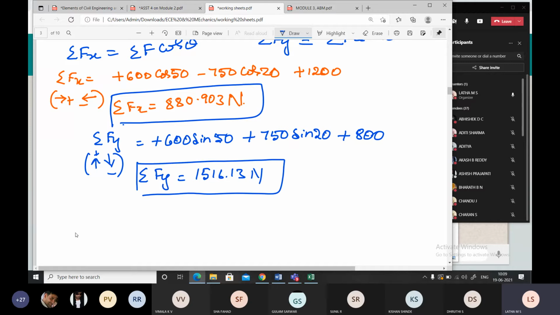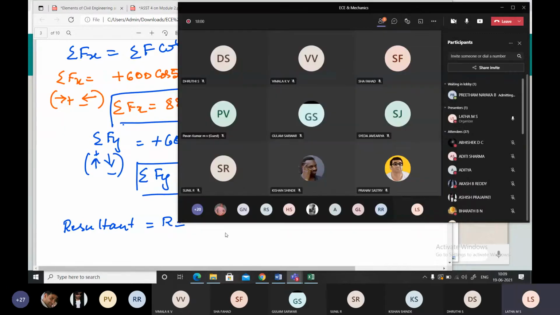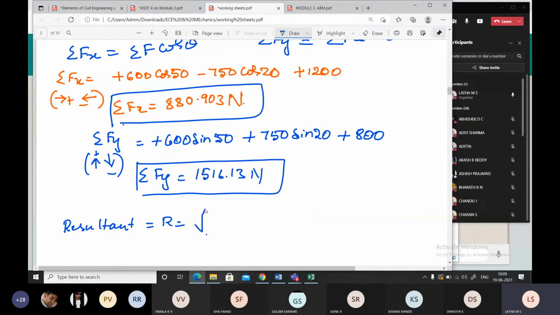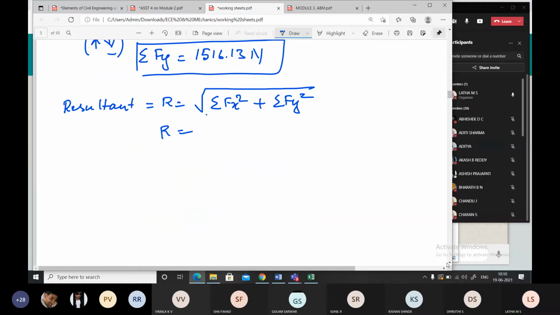What's the next step I have to follow, students? Resultant, ma'am. Yes, resultant. R is equal to the square root of sigma Fx square plus sigma Fy square. Please substitute. Give me the answer.